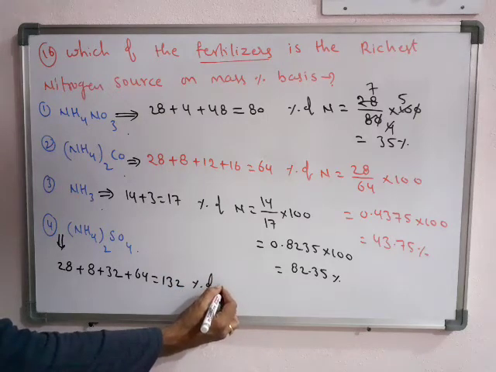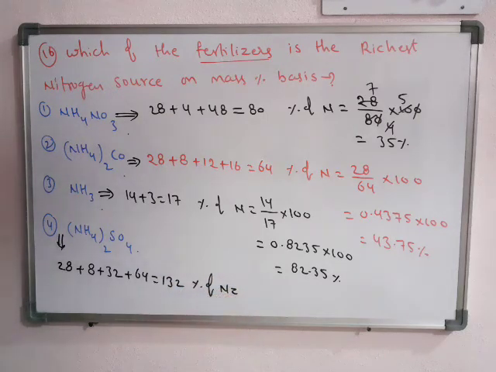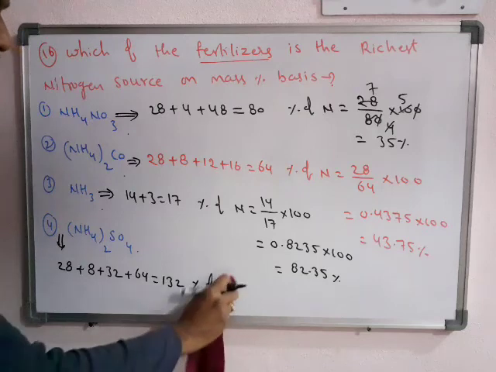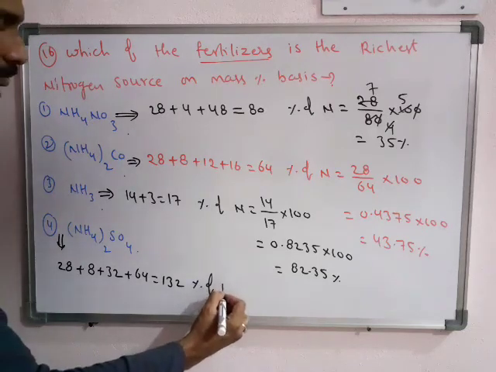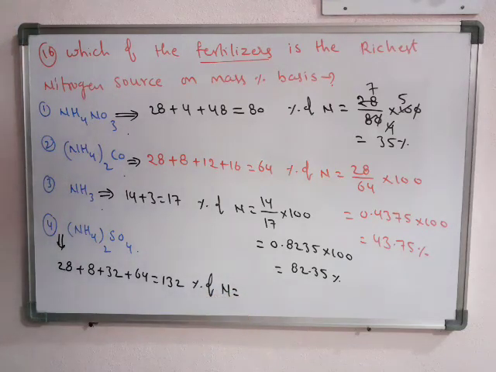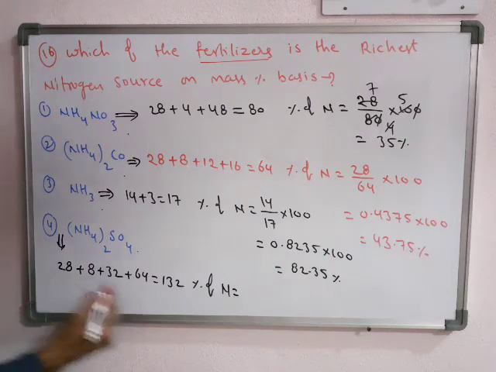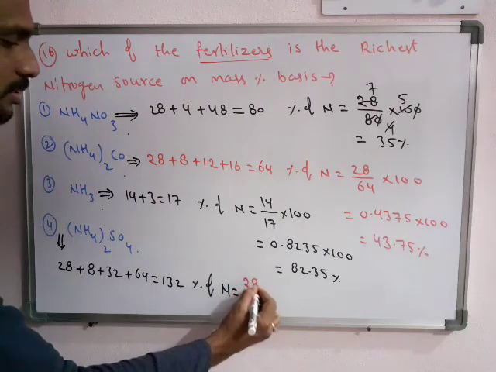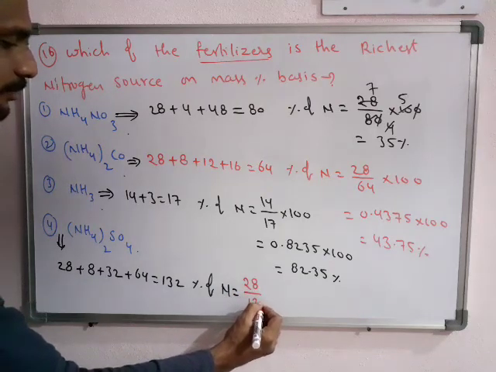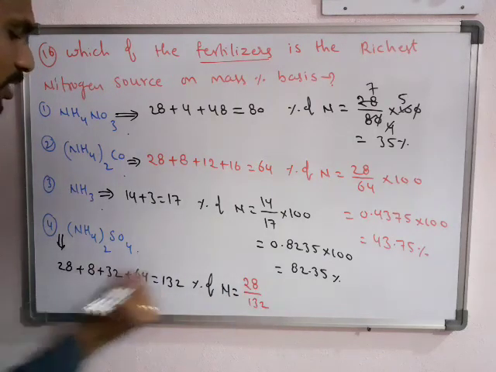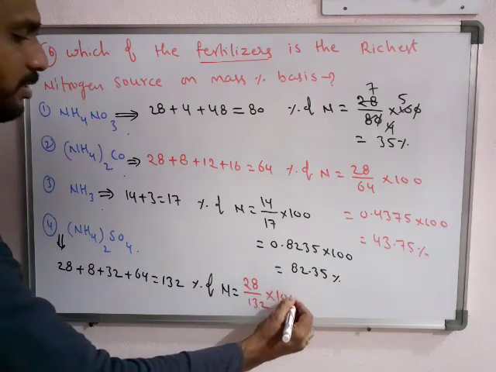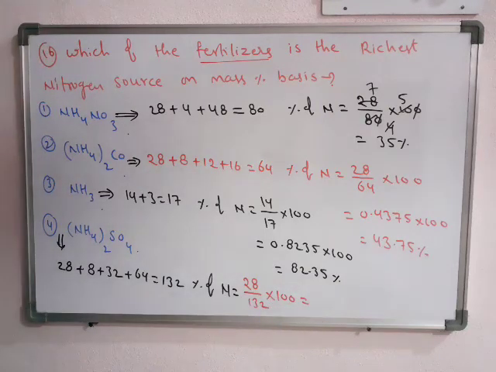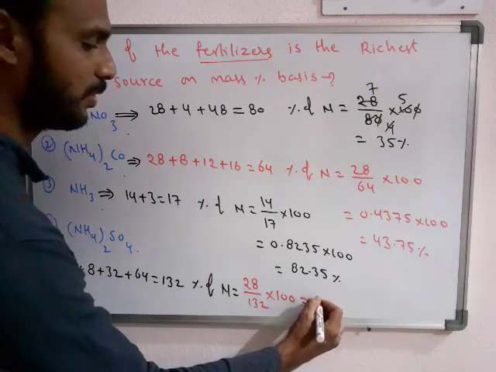The percentage of nitrogen is 28 by 132, which appears very low, because in 132 grams there are only 28 grams of nitrogen. So here we get 21.21%.